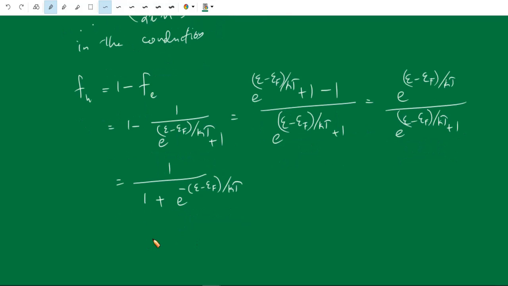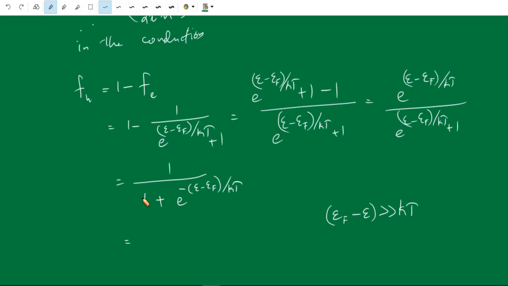Okay, we have assumed that E minus EF is very much greater than kT at a normal temperature. At the temperature of interest this quantity is large, the difference in this energy.